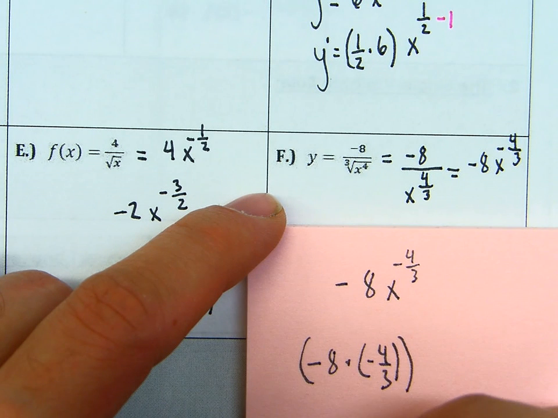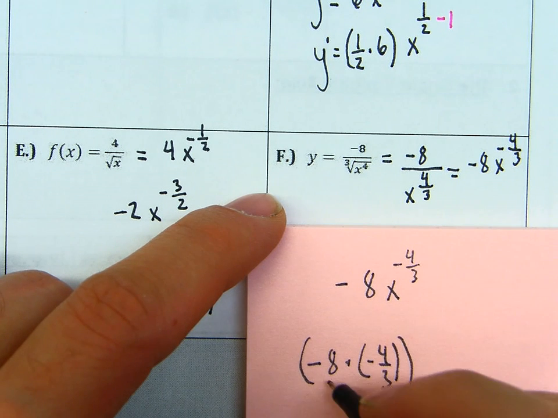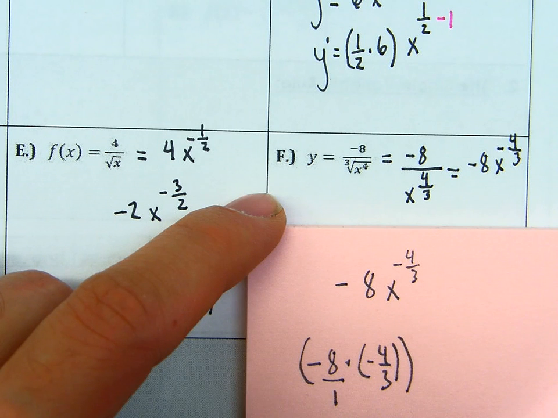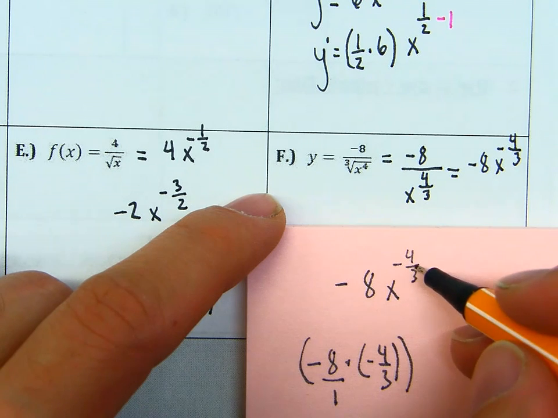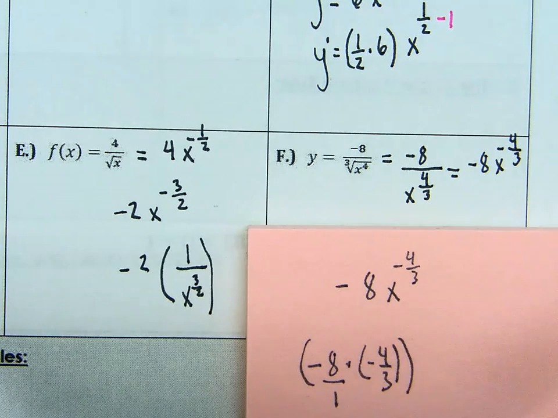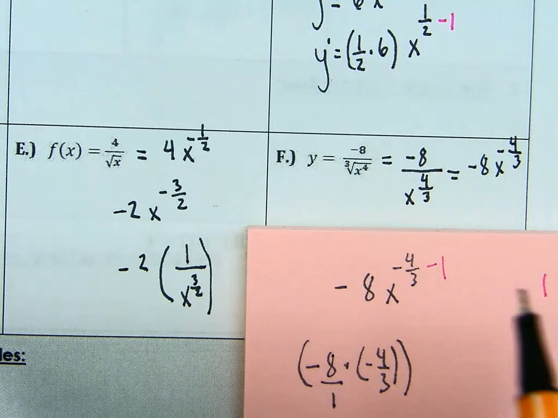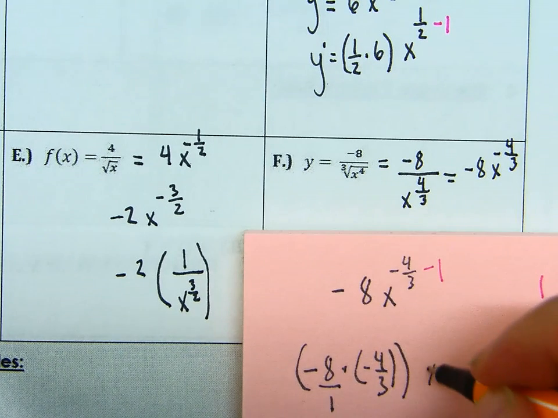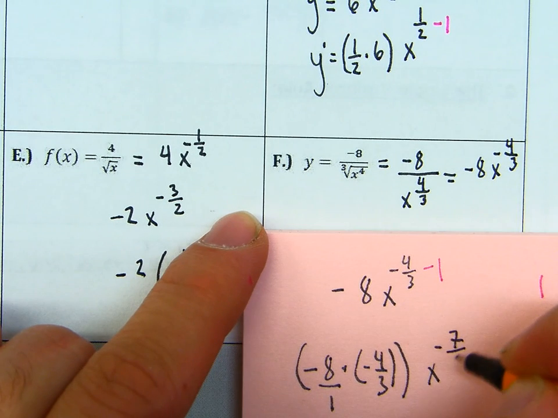This is 32 over 3, because negative 8 times negative 4 is positive 32, and 1 times 3 is 3. Then we need to take x to the negative 4 over 3 and subtract the 1. Remember, we're going to let that 1 equal 3 over 3. So this becomes x to the negative 7 over 3.